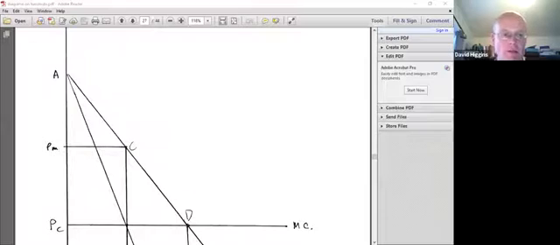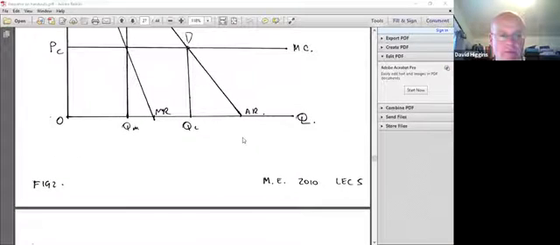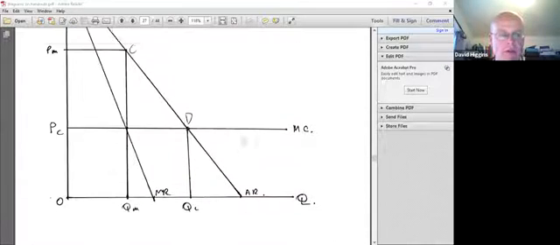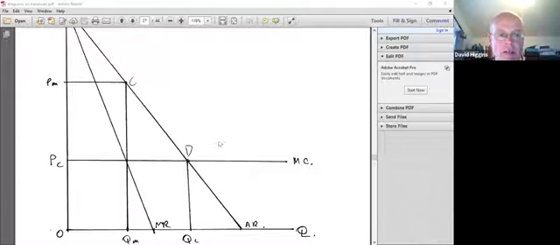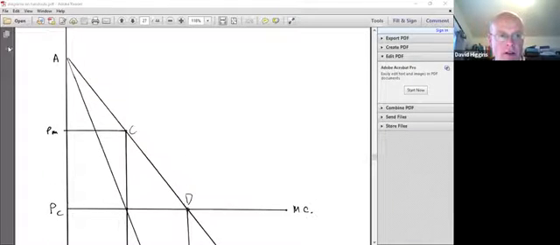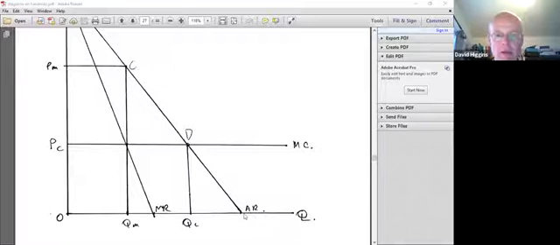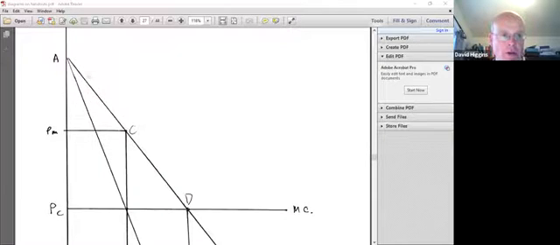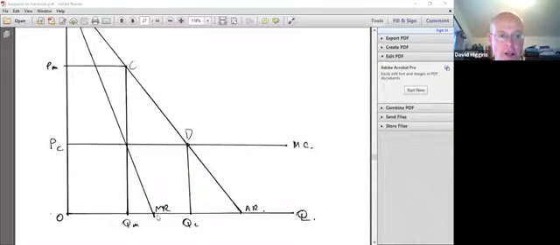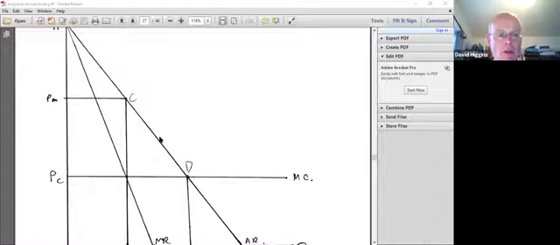If you look at the handout on this diagram, figure 2, lecture 5, you will see that the demand curve is drawn from point A to where it intercepts the output axis, and the marginal revenue curve is drawn from point A to where it cuts the output axis at this point here. And we can see that at point D, a competitive firm would produce output QC and sell it at price PC, whereas the monopolist firm would produce QM and sell it at PM.